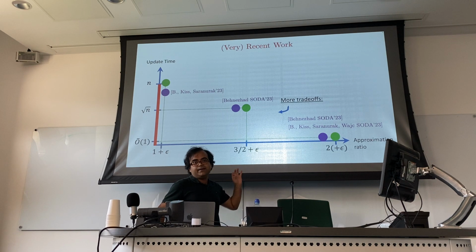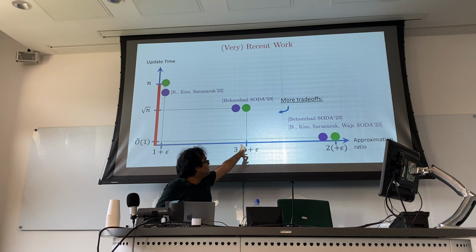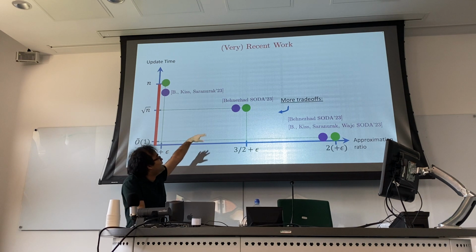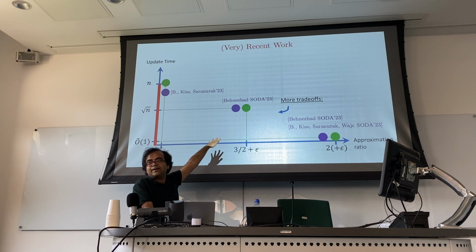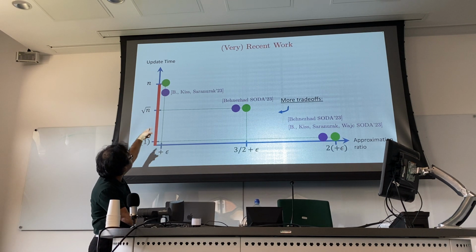Because after a decade of stagnation at these 3 points, very recently, all within just the last 1 year, we have had improvements across all these 3 points. And these improvements are very tantalizing because they are very, very tiny, but all they are showing is that what we knew to be the correct bound until now may no longer be the best answer. Okay? And I have just shown you these particular improvements.